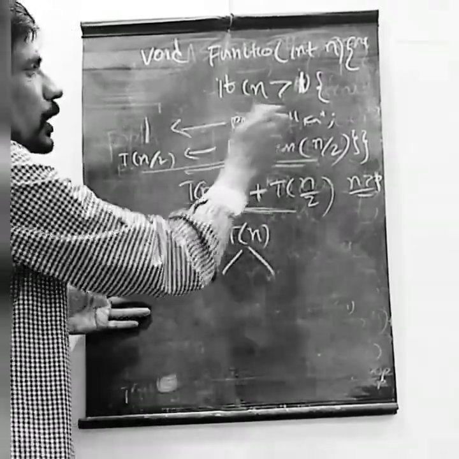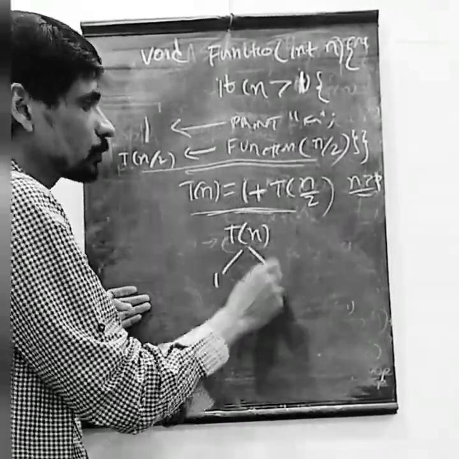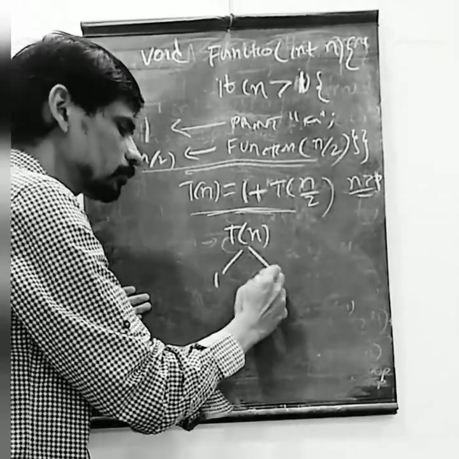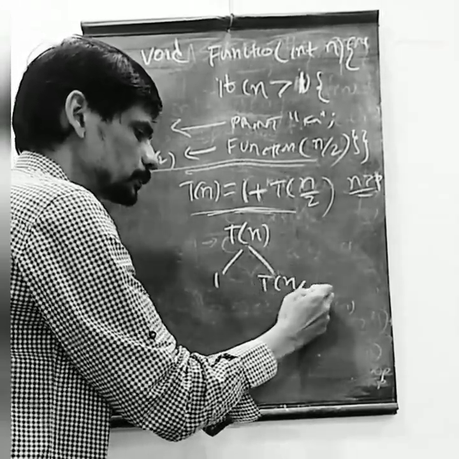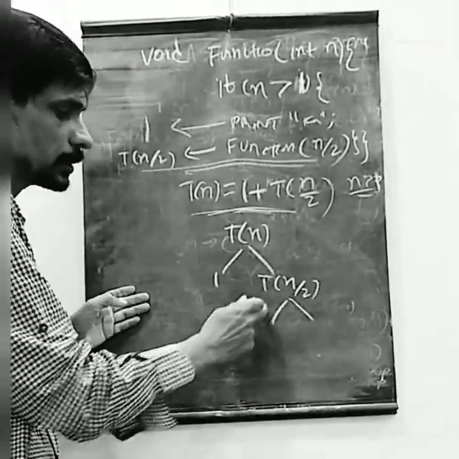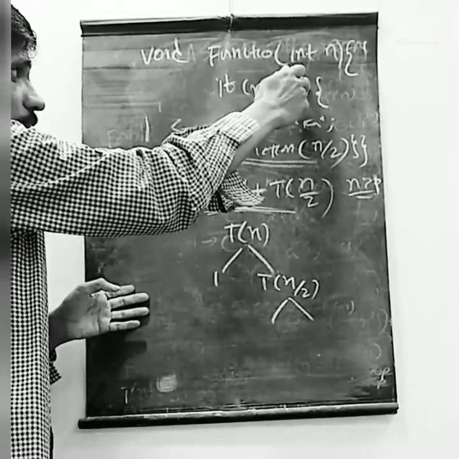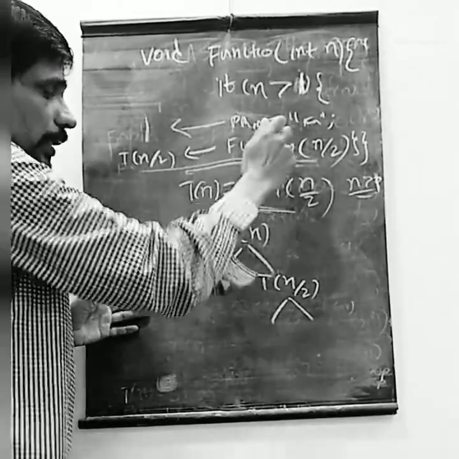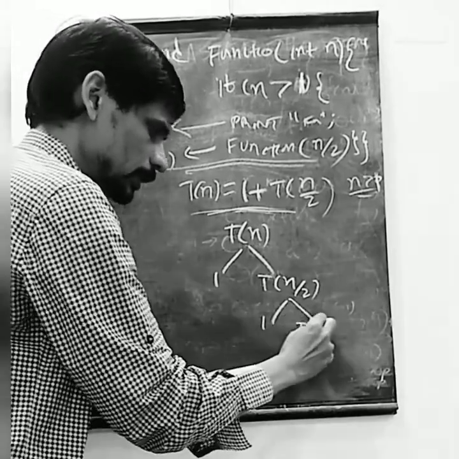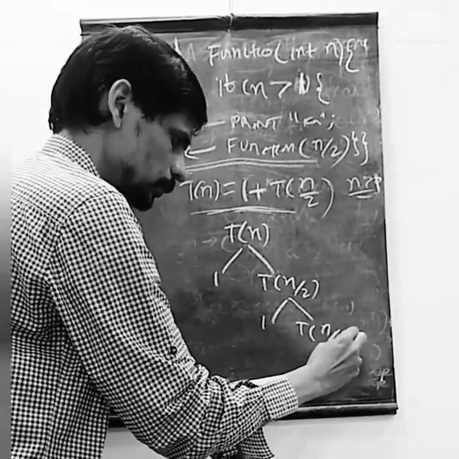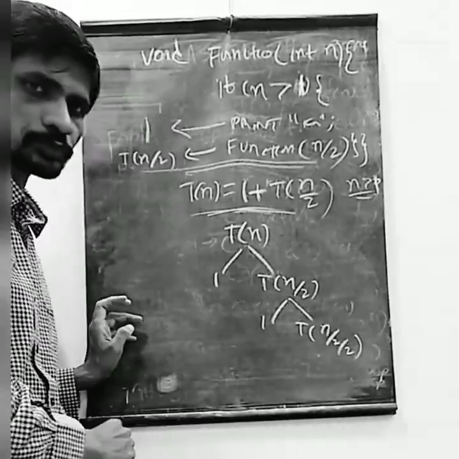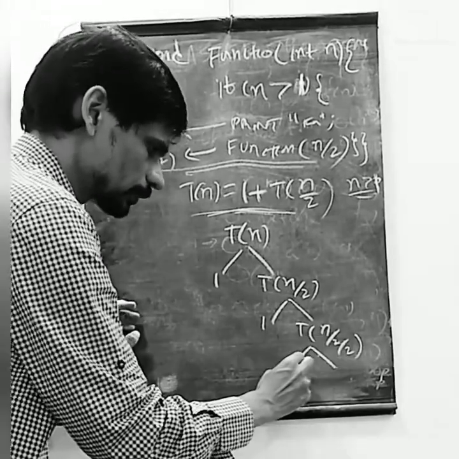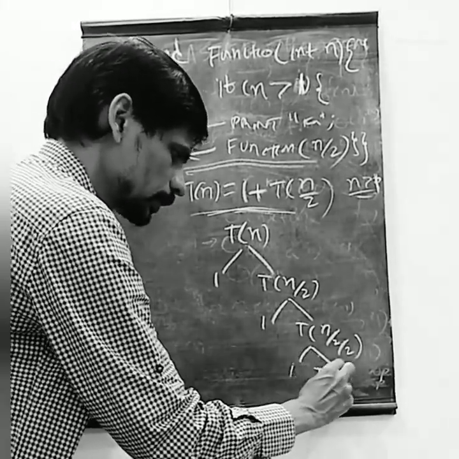I am printing one time, and after that I am calling myself with n by 2. When this calls, again I will print one more time, and call with n by 2.